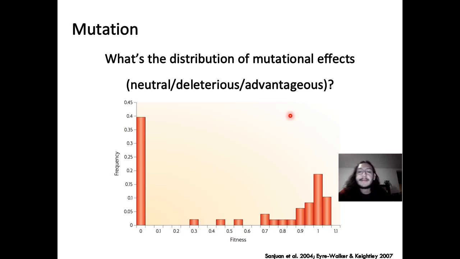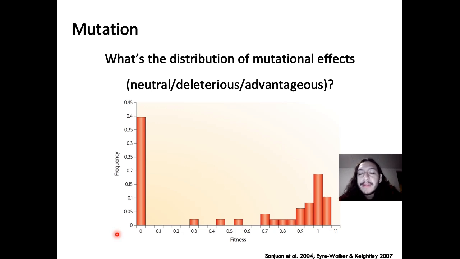When you plot the distribution of what the effects of these mutations are, for example, here we assume that fitness effects that are neutral are actually going to stay in values around 1. If the mutation is deleterious, then they're going to have values below 1. And you can see that there are a lot of mutations that actually go all the way to 0. This means that these mutations are actually lethal.